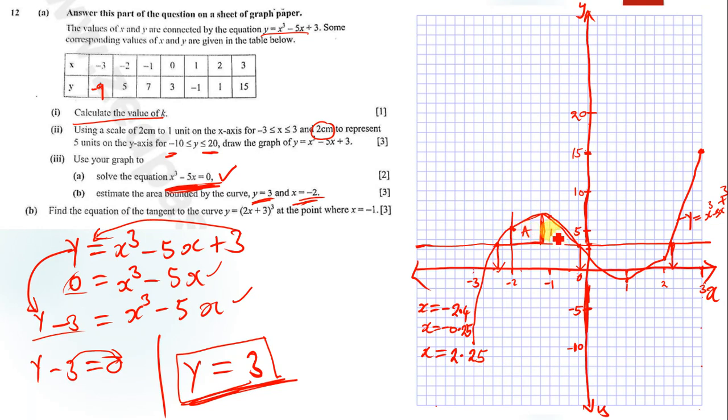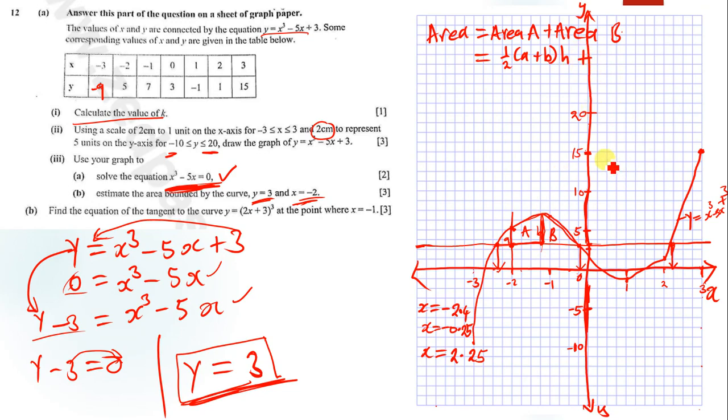So I have area A and area B. To find the total area, I'm going to add area A plus area B. Area A is a trapezium, and the formula for a trapezium is half (A plus B) times the height. The height is the distance from there to there, and then A is this part, B is the longest part, which is this one.